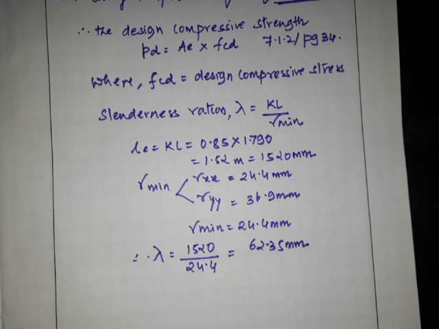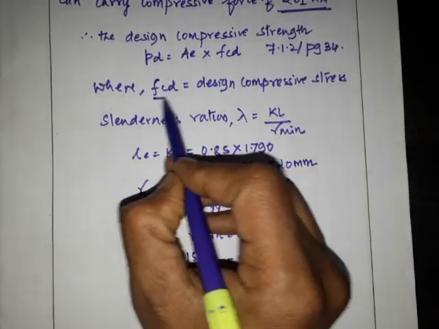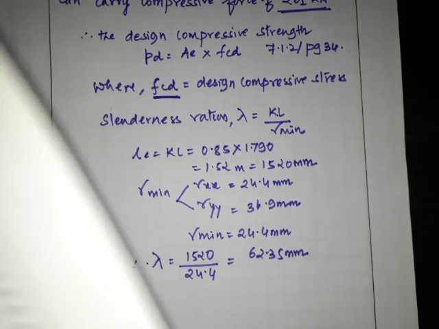Now we have to find out the value of FCD. The value of FCD is very important. We have to find it by referring to the tables mentioned in IS 800. So when you open, we'll get the table like this.